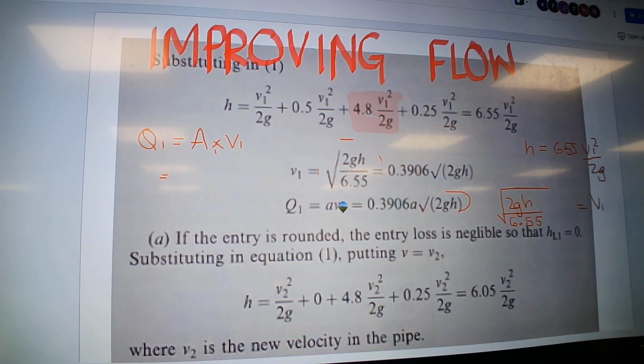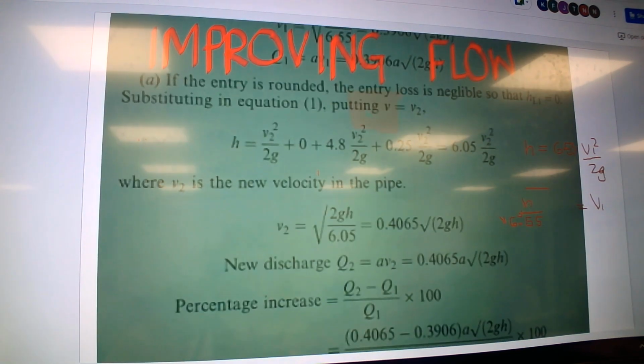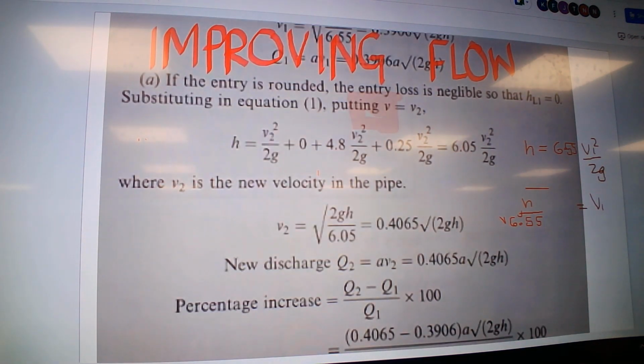Now, once you got that bit, if I just move this thing up, once you got that value, we just substitute back into equation 1, and we put the HL1 as 0 because there are no losses.